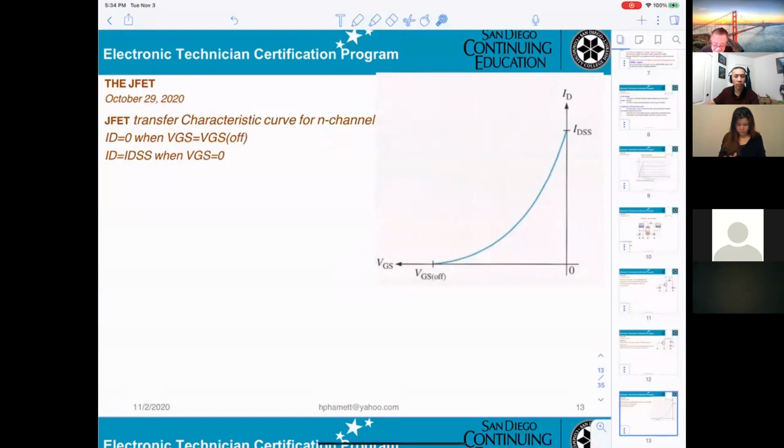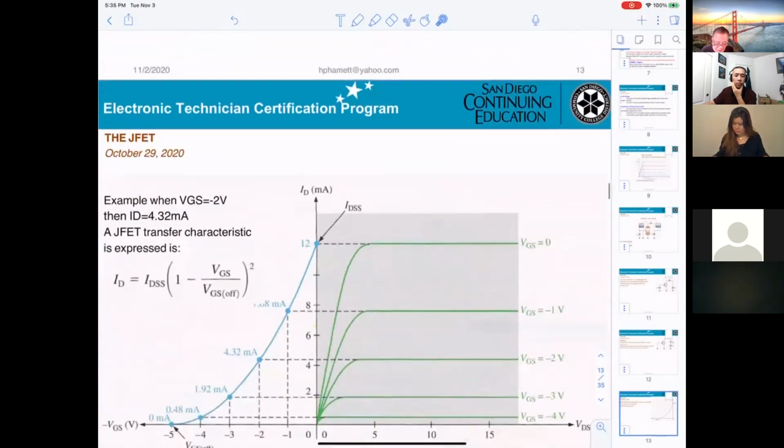And at ID equals 0, VGS equals VGS off, you get a second point. When you draw that, that's the transfer curve. ID is 0 when VGS equals VGS off, and ID equals IDSS when VGS equals 0.